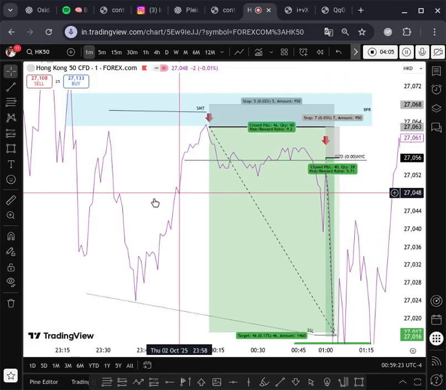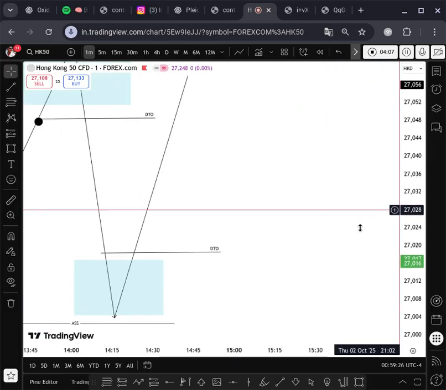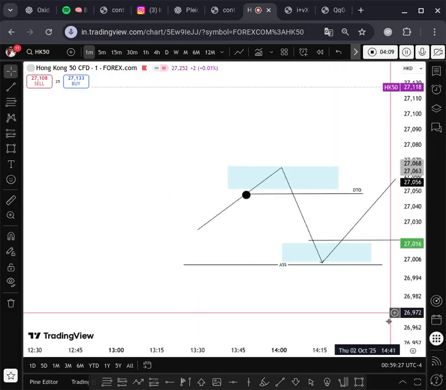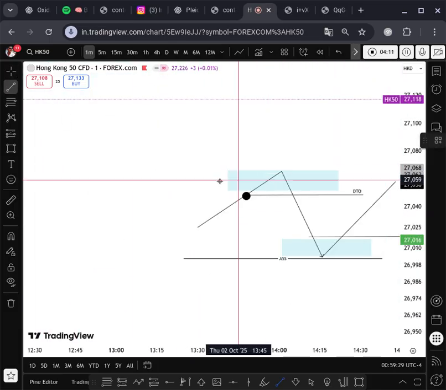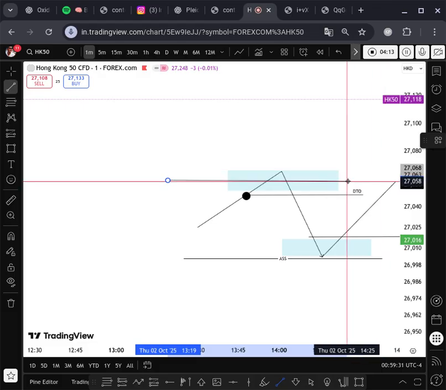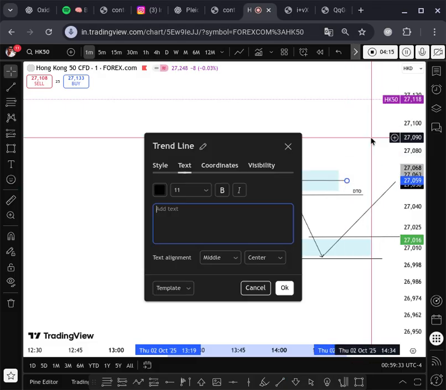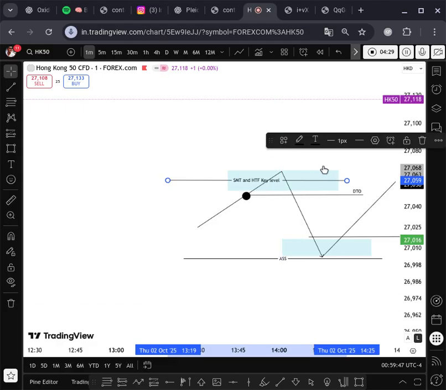Let me tell you something more. If we need to sell, we need to look for SMT and HTF key levels. That's the whole thing.